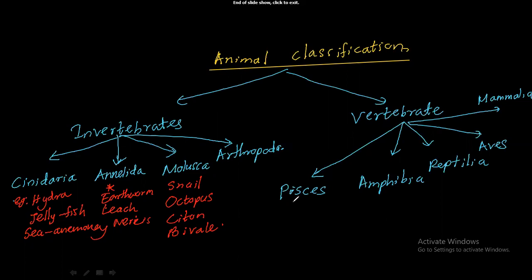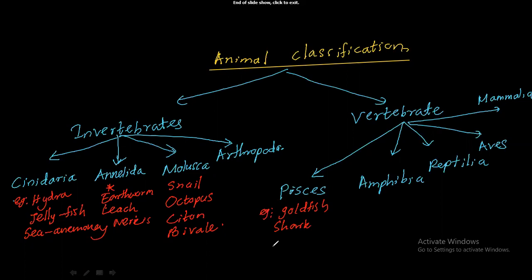Vertebrates. Pisces we can take for the vertebrates here. Then examples, you can write fish: goldfish, shark. Here also Pisces has 2 groups, the bony fish and cartilaginous fish.